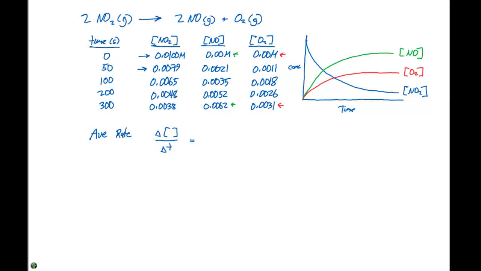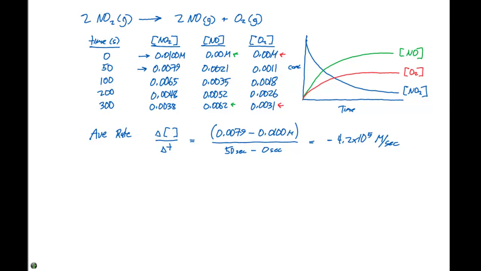The change, remember, is the final minus the initial. So we're going to do 0.0079 minus 0.0100, divided by the final time, which is 50 seconds, minus the initial time, which is 0 seconds. If we do the math, we're going to get negative 4.2 times 10 to the -5 molar per second.